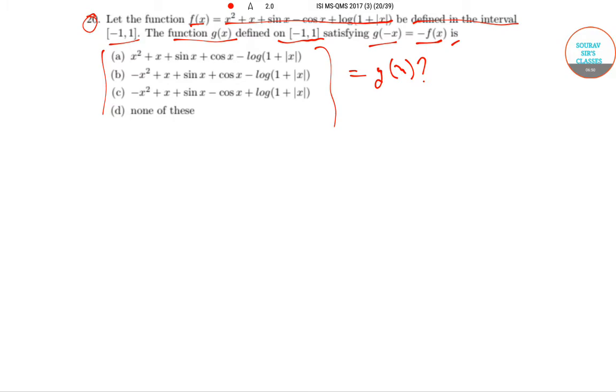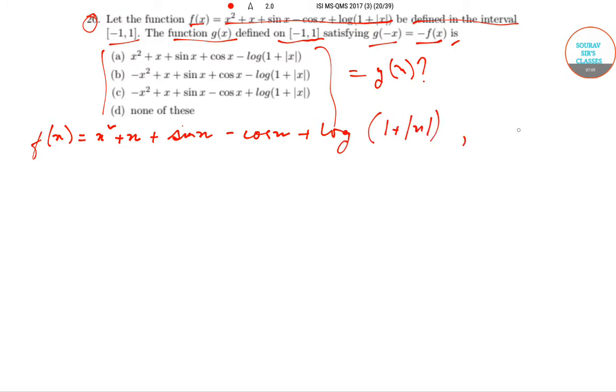So now we have been given that f of x is equal to x square plus x plus sin of x minus cos of x plus log of 1 plus mod of x, where x lies between -1 to 1.